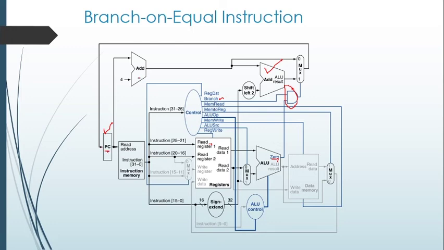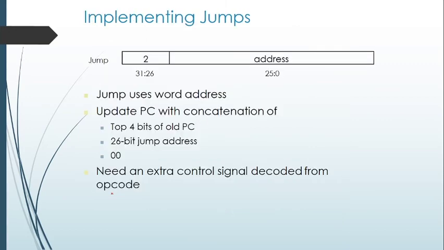If the condition is not true, PC plus 4 will be the data written to the PC. So the program counter is either written PC plus 4, which is the default, or if it's a branch instruction and the condition is true, it will be PC plus 4 plus the branch target address. This is how a branch equal instruction works.